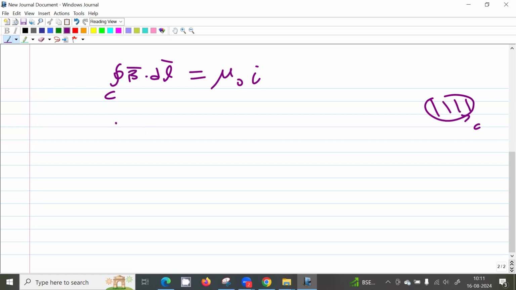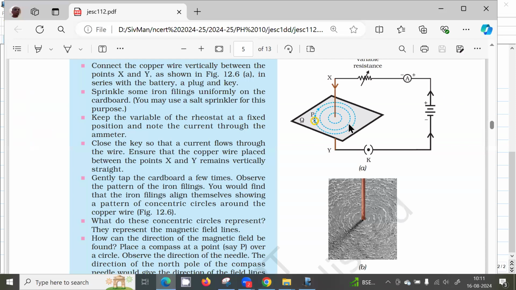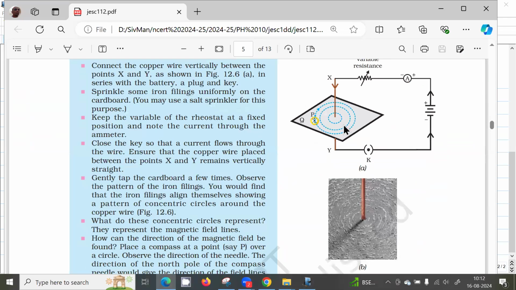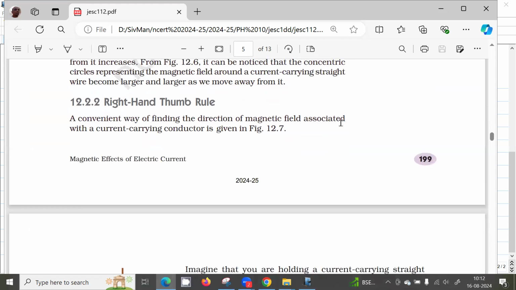So here B and dl directions are the same. That we can get by the thumb rule. We should have a prior knowledge of how the magnetic field lines will look.